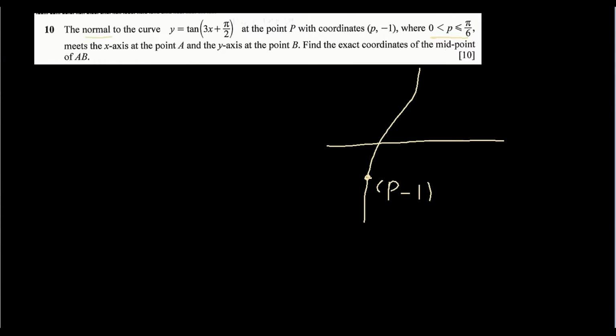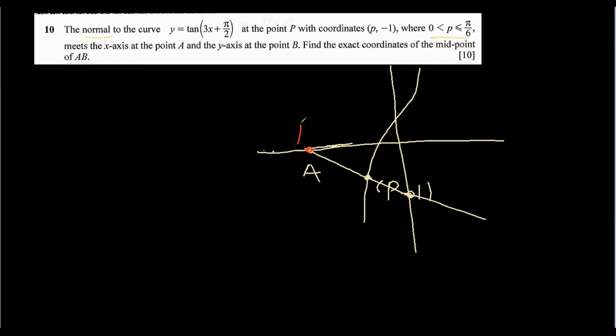They're saying the normal of the curve, so the normal will be at 90 degrees to the tangent, like this. It meets the x-axis at A, and the y-axis, suppose here, at this point.